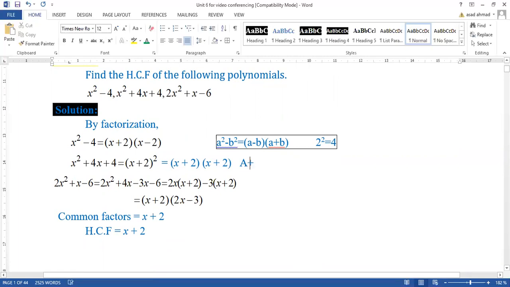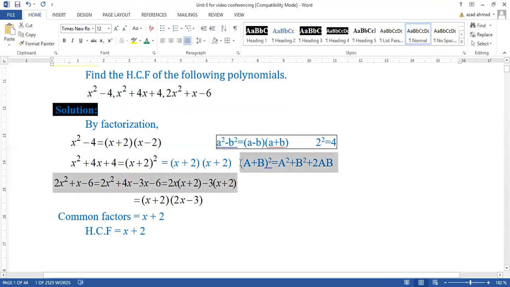It means that if we have a plus b and we need to show a complete square, then the factorization is of the form a plus b whole square equals a square plus b square plus 2 times ab, and the factorization is of the form for this part only.